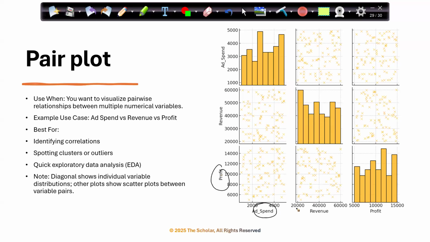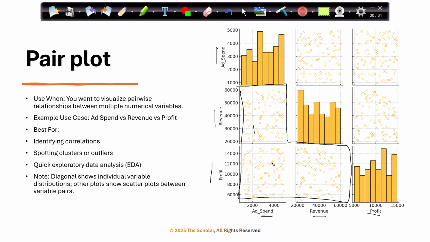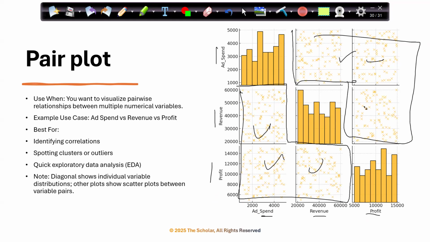Ad spend and profit, revenue and profit, and same way here also. Look at these three: ad spend, revenue, revenue, profit, profit. So basically this chart which you can see is exactly the same as these charts which you can see, right? It's a symmetrical chart. And this diagonal is a histogram.